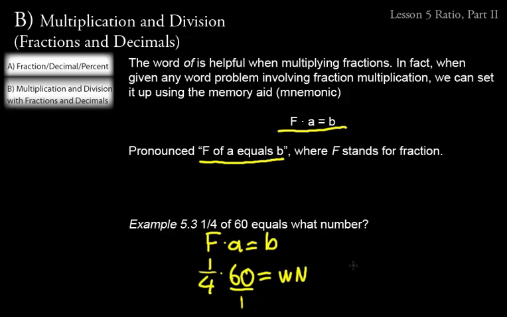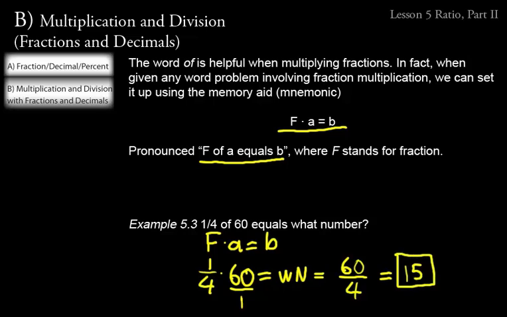And so that equals 60 over 4. So you have a division problem now, 60 divided by 4. Well, 4 goes into 60 exactly 15 times. If you needed to do long division on that, you can, but that equals 15.